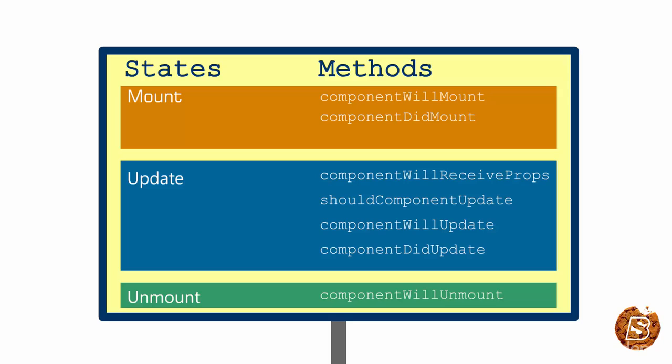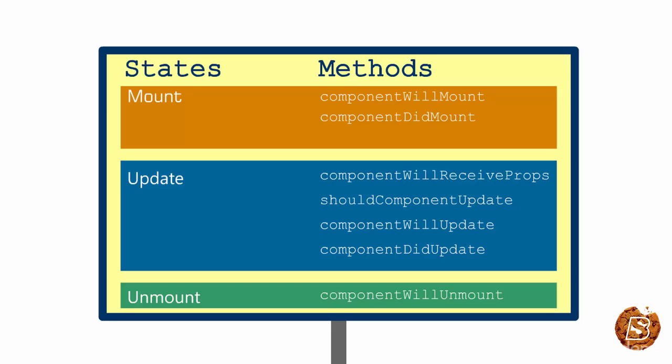If you want to integrate with other JavaScript frameworks, set timers using setTimeout or setInterval, or send AJAX requests, perform those operations in this method. So as soon as the component is mounted, we can do our stuff inside that method.